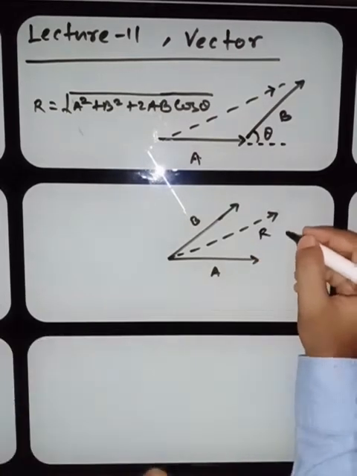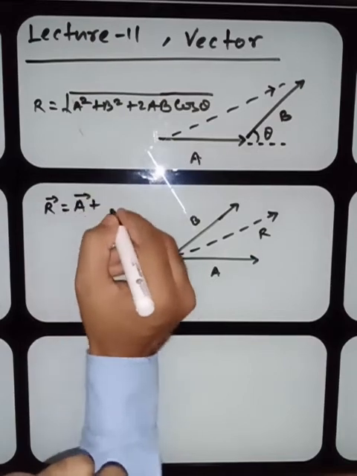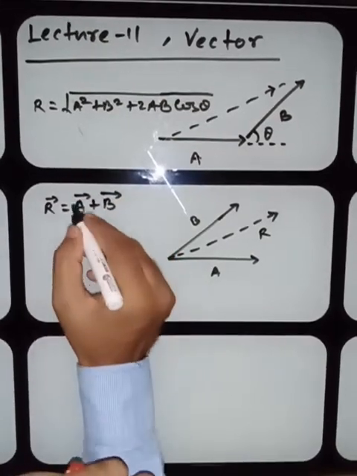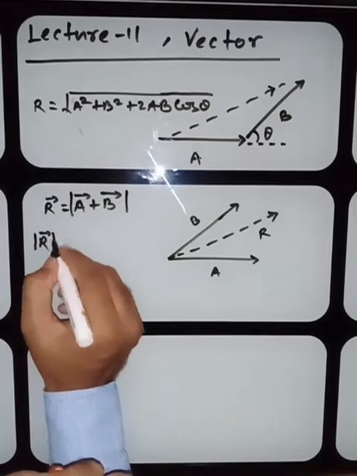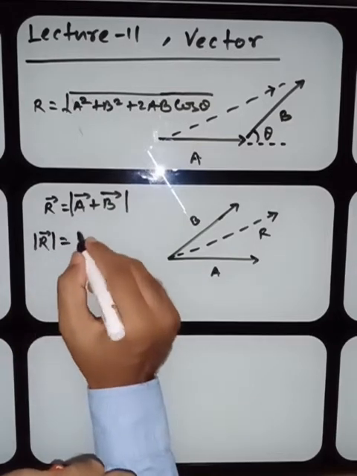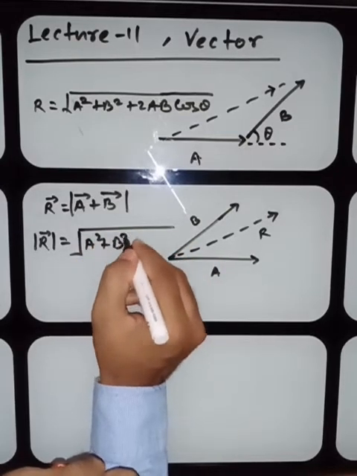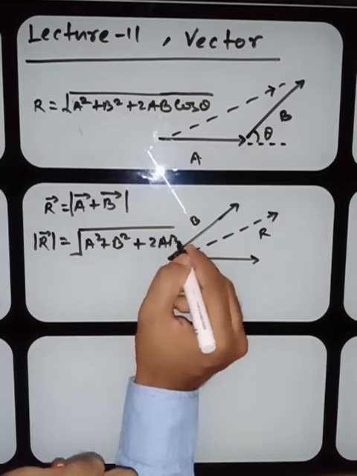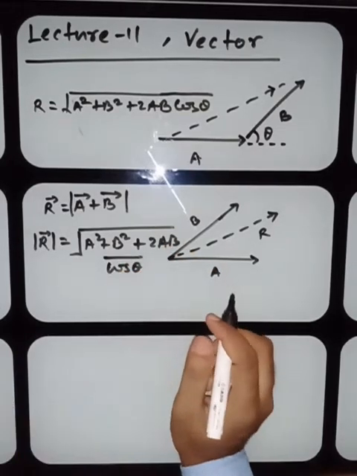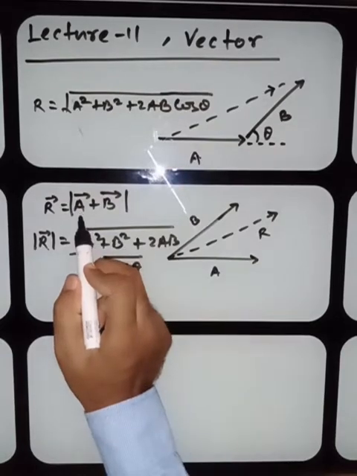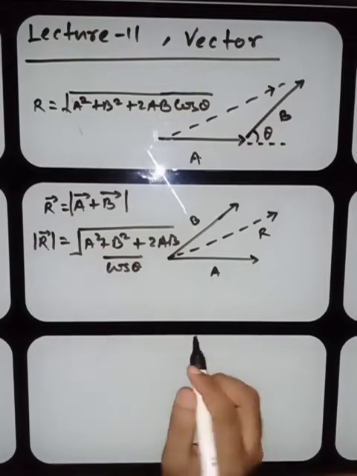So this R vector, which is A plus B, its magnitude, that is the magnitude of R, the magnitude of A plus B, is the square root of A square plus B square plus 2AB cos theta, that we have studied. If any vector is in the form A plus B, then we get this.